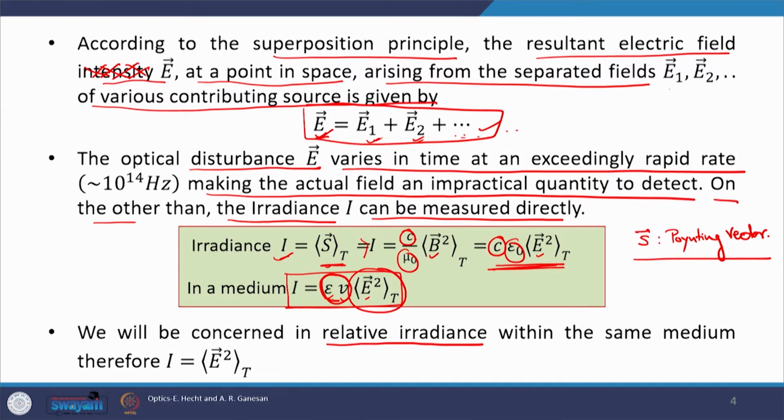Therefore, from now on, whenever we express irradiance, we will neglect the epsilon into V term, because we would be calculating the relative irradiances in the same medium. Therefore, we will define irradiance I as the time average of E square. E is our electric field vector.